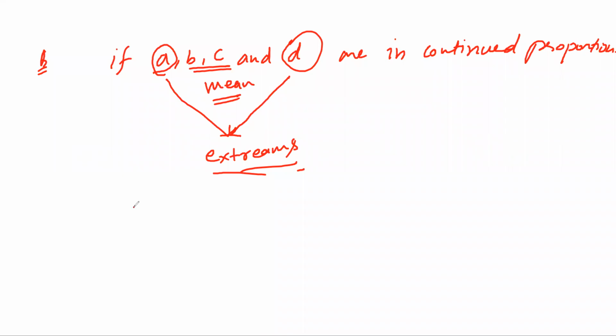So in this, we will write A ratio B is equal to C ratio D.